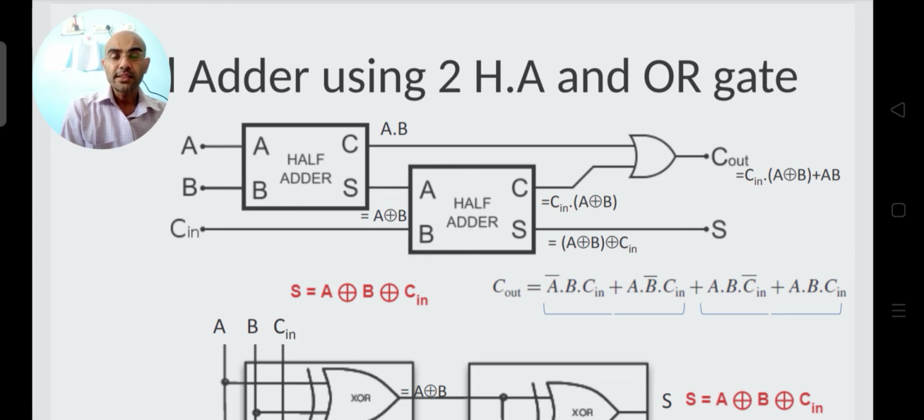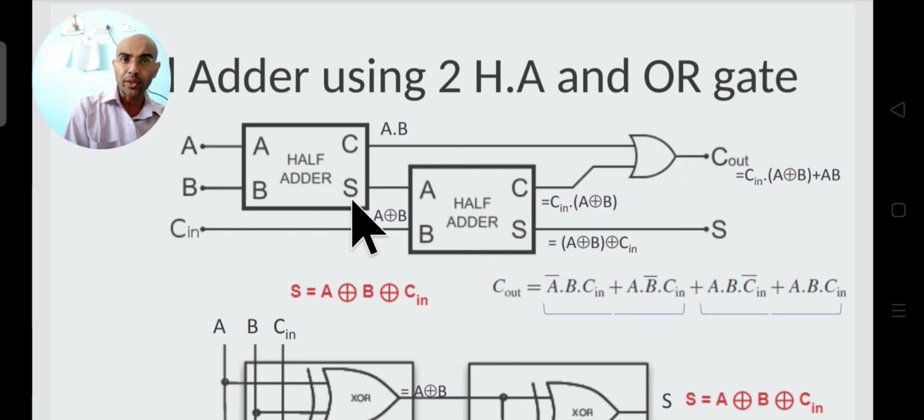Now whatever outputs we are getting, we are feeding them to another half adder. Because we have to implement this expression and this expression, we are trying to implement them with the help of half adders and some other gate, an OR gate.